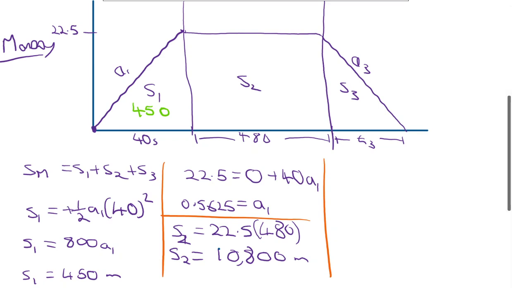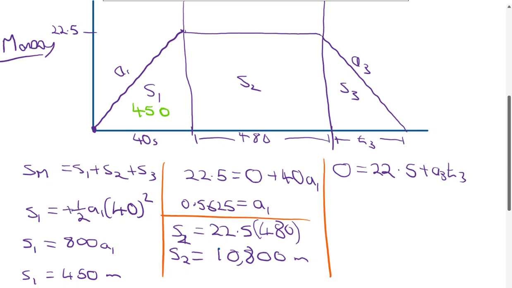So one thing we know would be V equals U plus AT, so 0 equals 22.5 plus A3 T3. So that's something. I'll draw a proper 3 there.